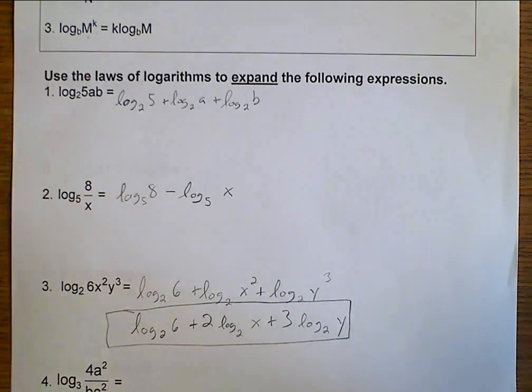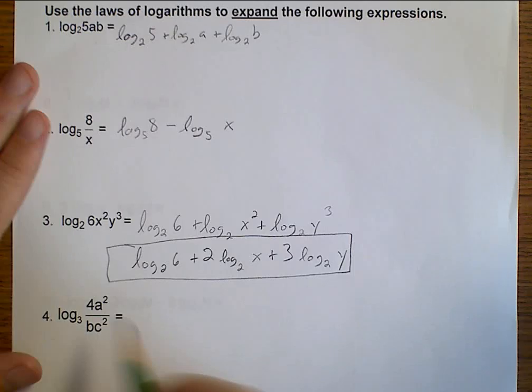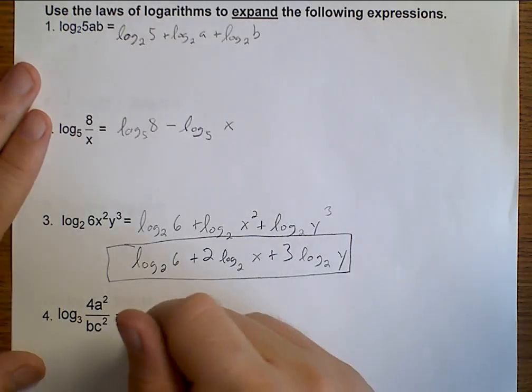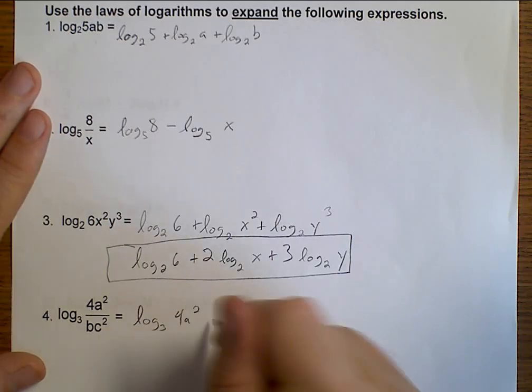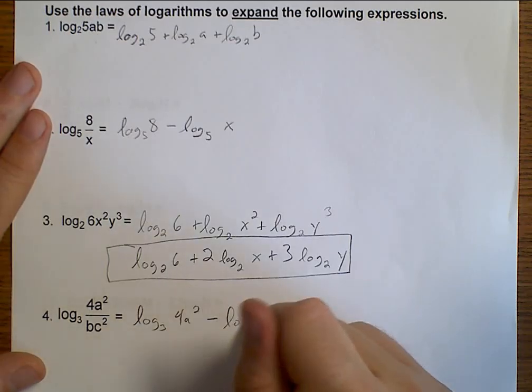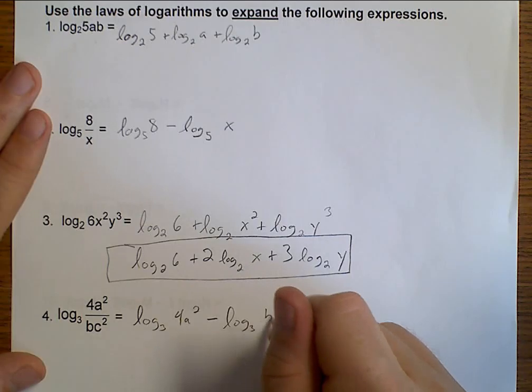And now for our fourth one, well, this is division, so that means the log base 3 of 4a squared minus the log base 3 of bc squared.